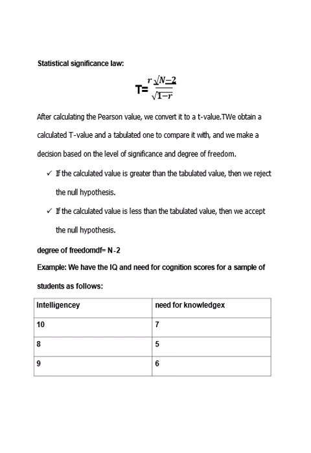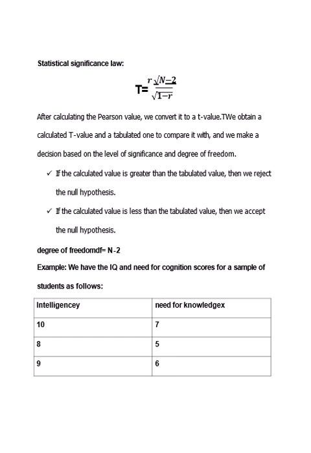We obtain a calculated t-value and a tabulated one to compare it with, and we make a decision based on the level of significance and degree of freedom. If the calculated value is greater than the tabulated value, then we reject the null hypothesis. If the calculated value is less than the tabulated value, then we accept the null hypothesis. Degree of freedom df equals n-2.